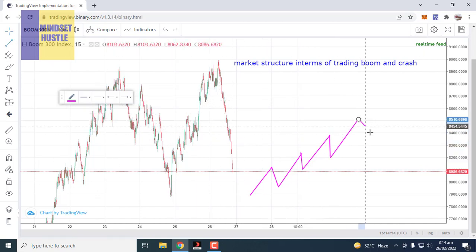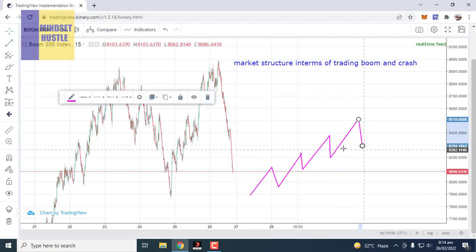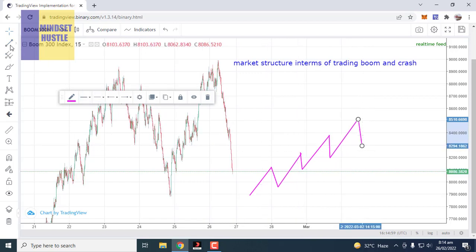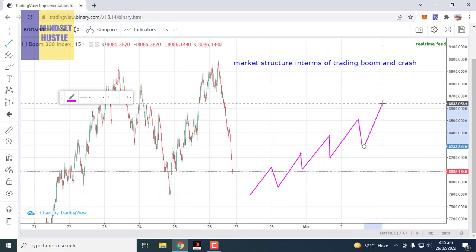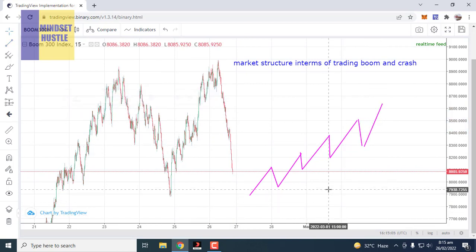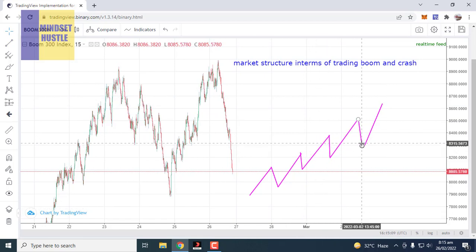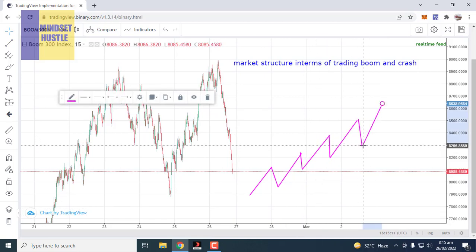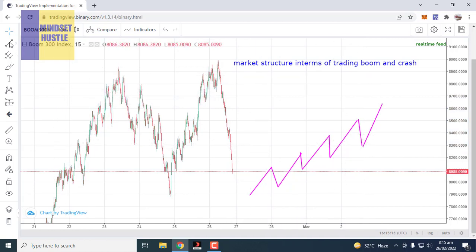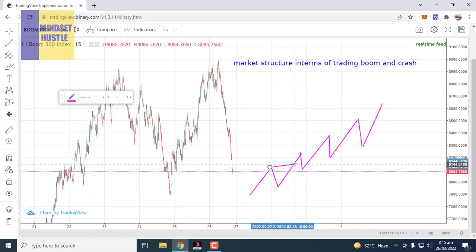So at that point in time, the structure that is broken gives you an idea of what the market wants to do next. Are you okay? So let's say we are having this kind of movement in the market, and at each point in time we realize that the market is breaking these highs.